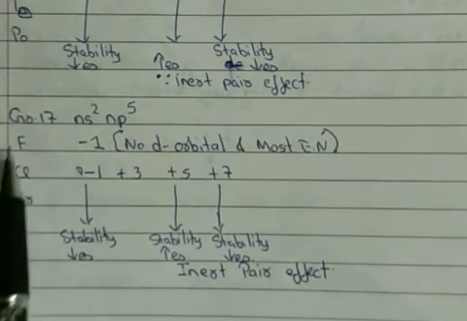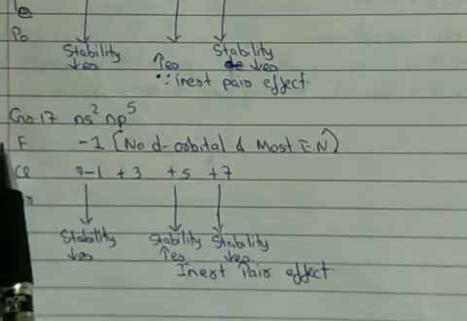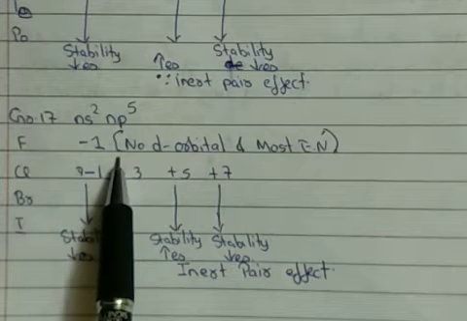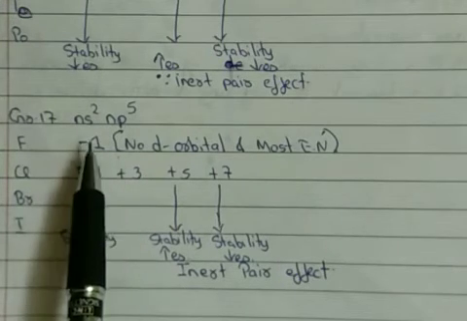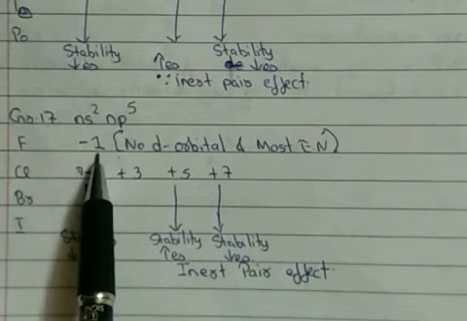Now in this, fluorine, the first and foremost important element of group 17, shows only and only one oxidation state, that is -1. The reason behind that is, because it belongs to the second period, it does not have d orbitals, and because it does not have d orbitals, it cannot show us higher oxidation states. That is one reason.